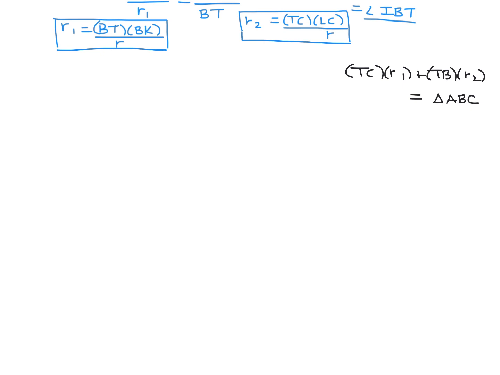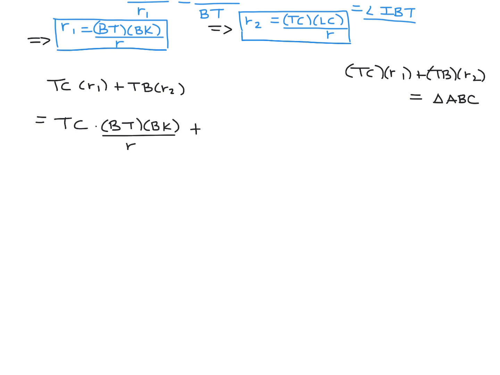If I take this side here, TC times R1 plus TB times R2. R1 and R2 have got some equations, so let's substitute that in. So this would be TC times R1, which looks like BT times BK all over R. And then we have TB times R2, and R2 looks like TC times LC over R.